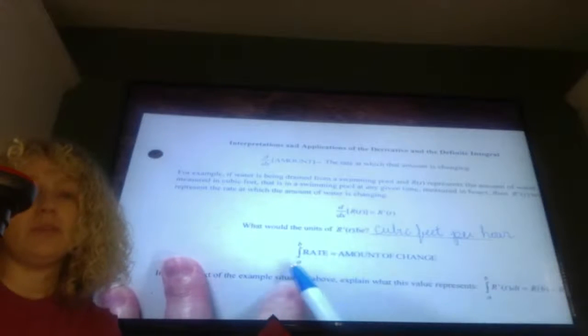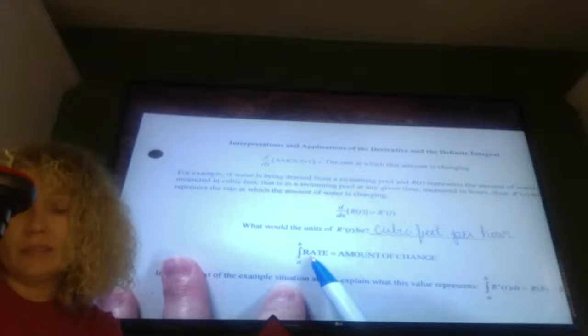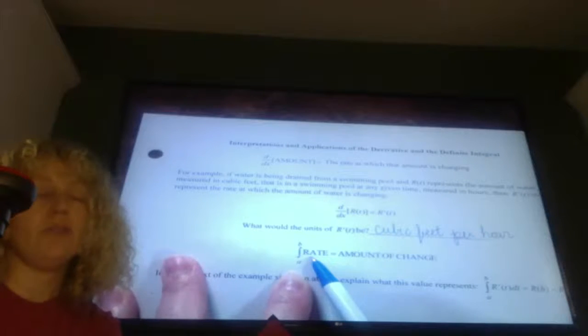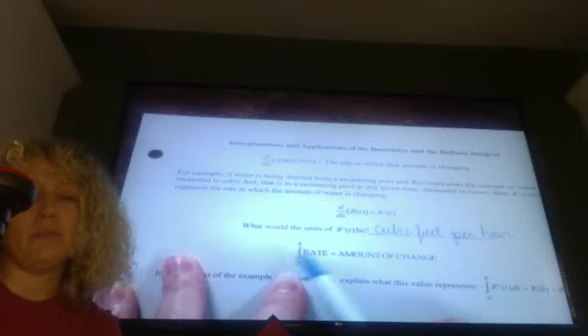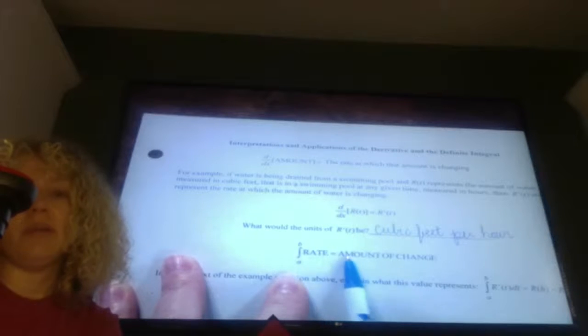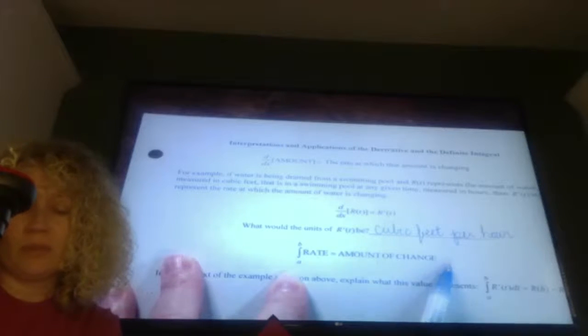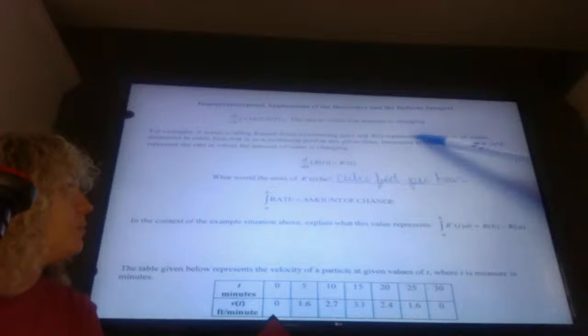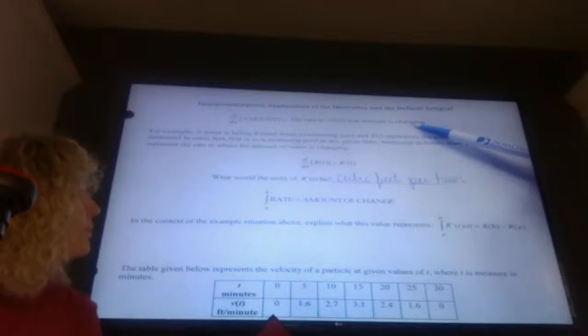So if you integrated the rate, that would equal the amount of change. Thinking about this example with the swimming pool, explain what this value might represent. Think about what that might represent if you're talking about draining water out of a swimming pool.